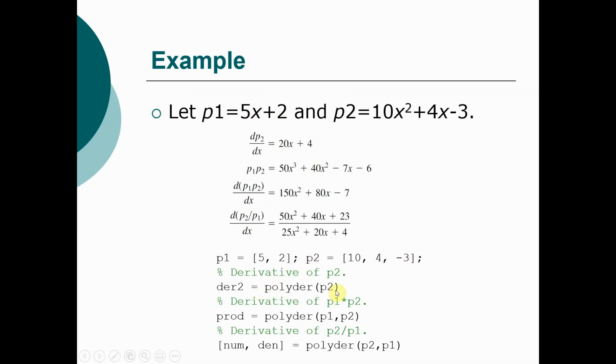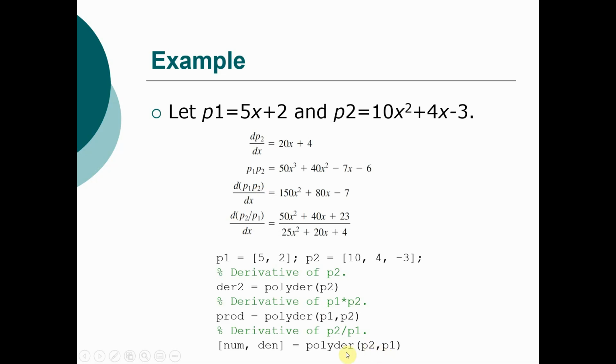If we do just polyder of p2, it takes the derivative of p2, so it gives us 20 and 4 as the answer. If we do polyder of p1 and p2 with only one output, then it gives us 150, 80, and negative 7, which is the vector of coefficients for the derivative of p1 times p2.